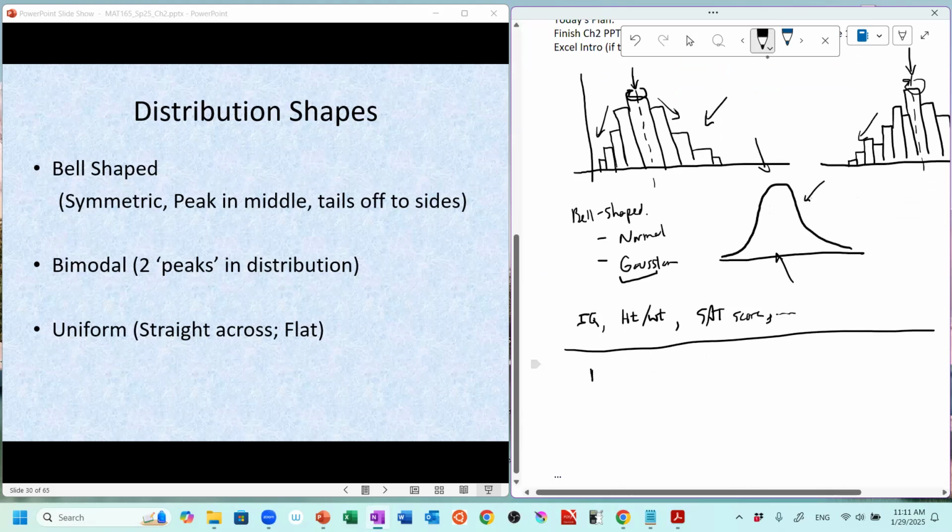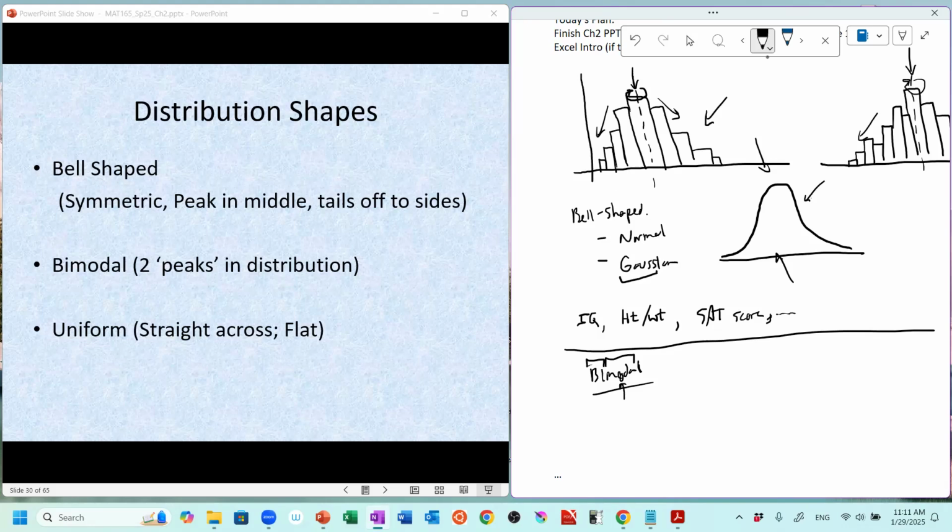We have this idea of a bimodal distribution. So bi, like bicycle, like two, and mode, it's kind of related to the idea of like middle or mean or median.